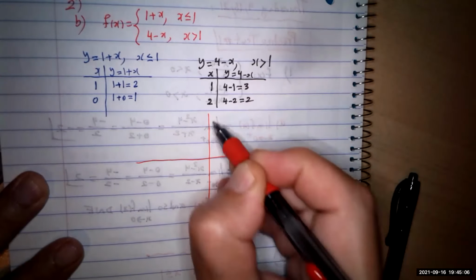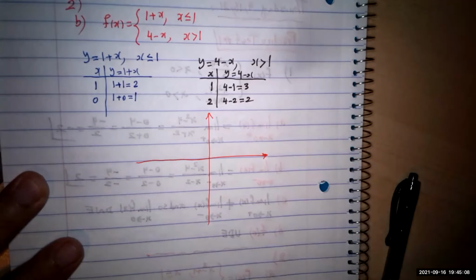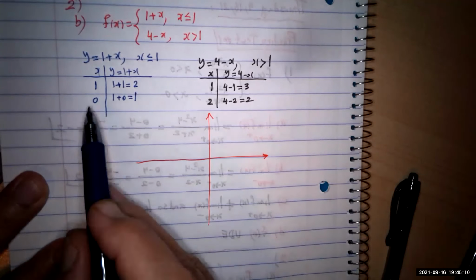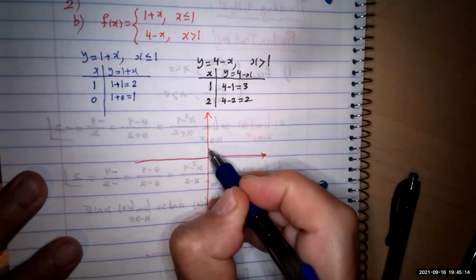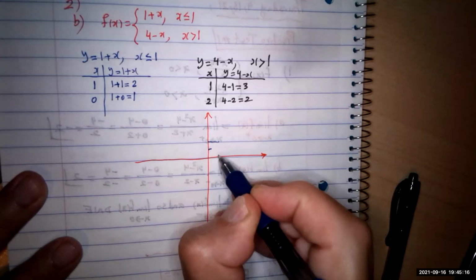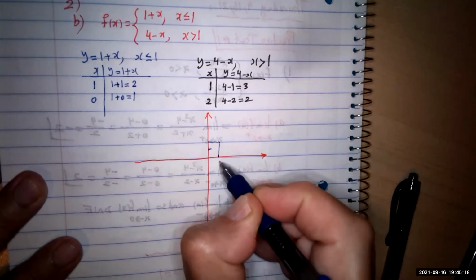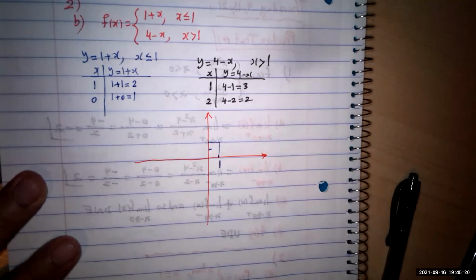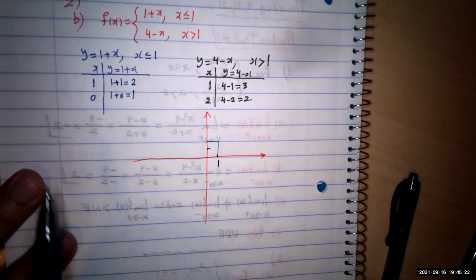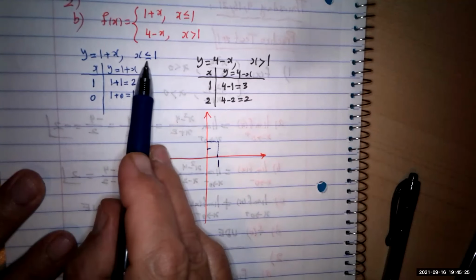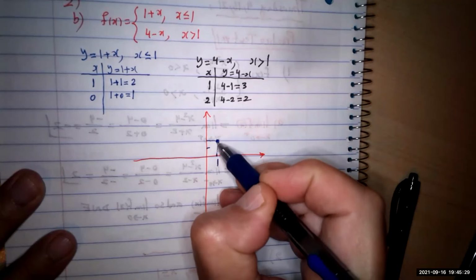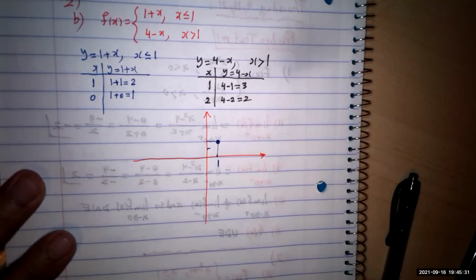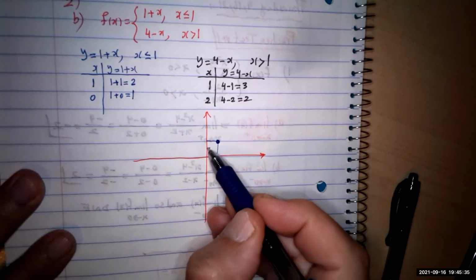So we graph the first part. We have 1 and 2, and 0 and 1. This is going to be 1. Then you check to see if it's covered, because this is the end of the graph. There is an equality sign here, so this point is covered. It's a solid point.